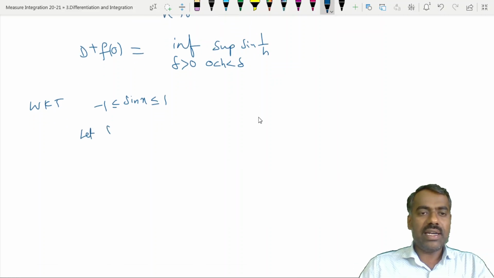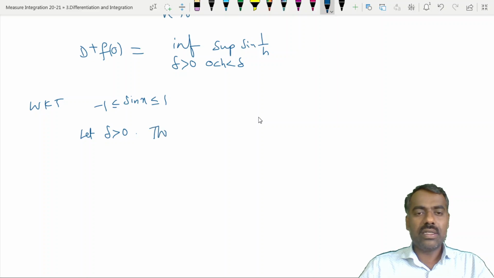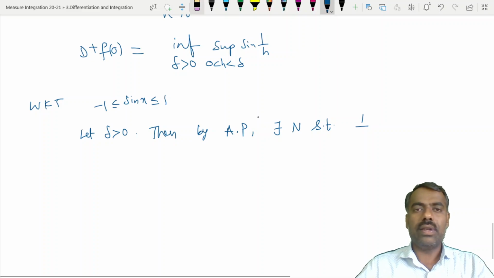So let delta be anything greater than 0. Then by the Archimedean property, there exists a natural number n such that delta times n is greater than 1, because nx is greater than y.